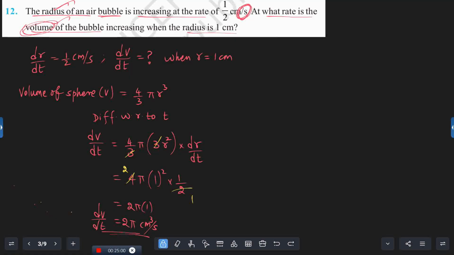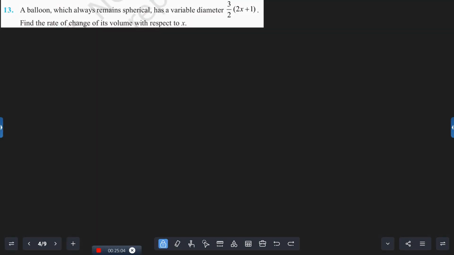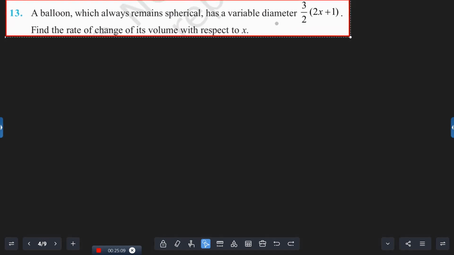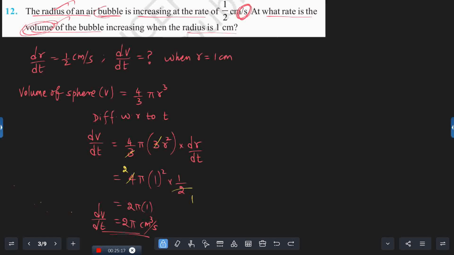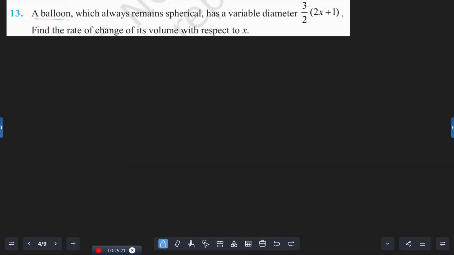Completed, five sides. Next, one more balloon question, but this is important. Balloon means a sphere, as I said. In the previous question also, bubble and balloon, I said sphere. The spherical balloon has a variable diameter.